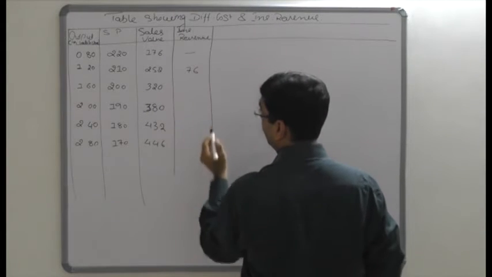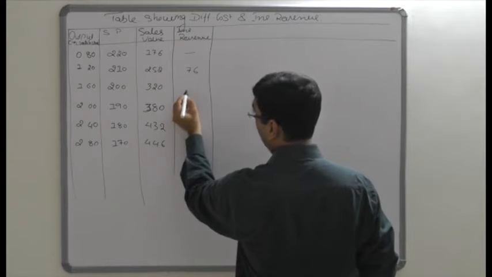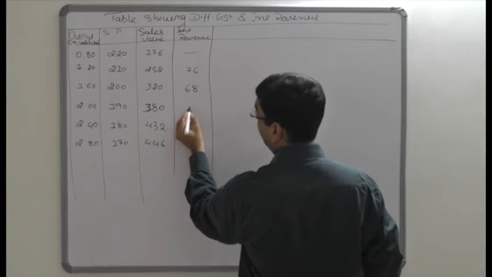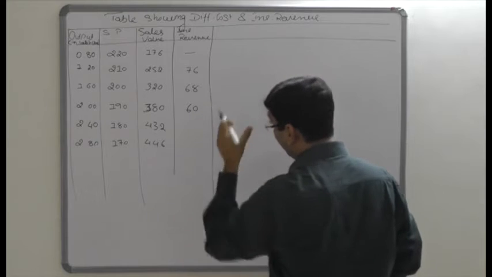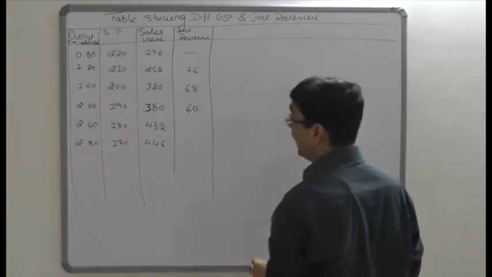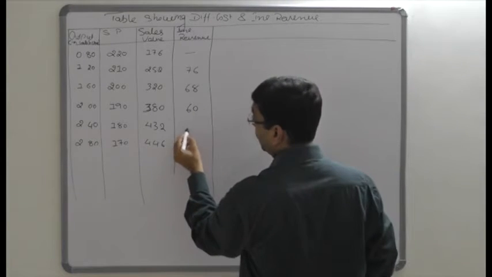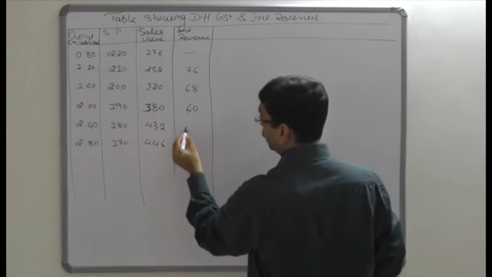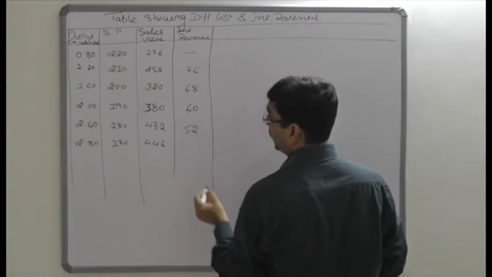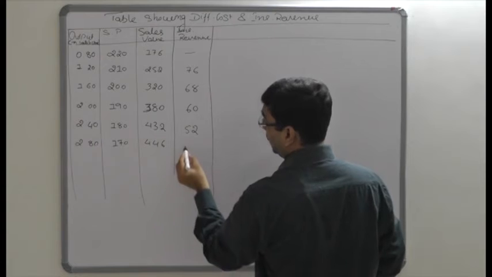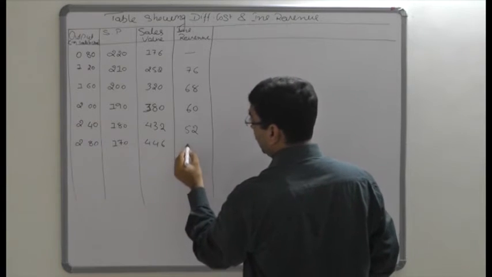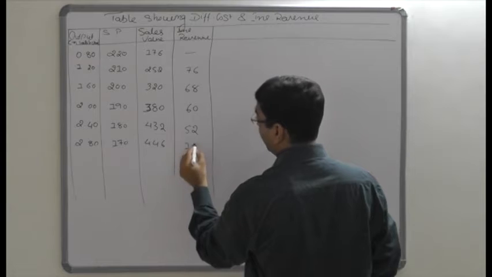So here 320 minus 252 comes to 68. Then 380 minus 320 comes to 60. 432 minus 380 comes to 52. And 446 minus 432 comes to 14.